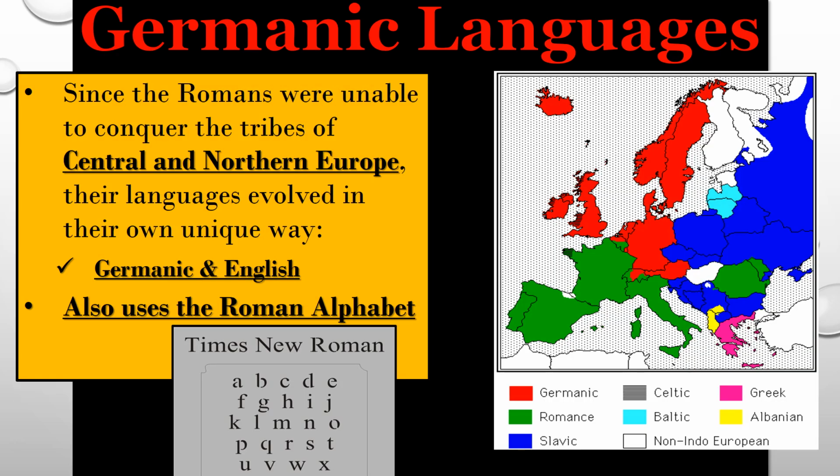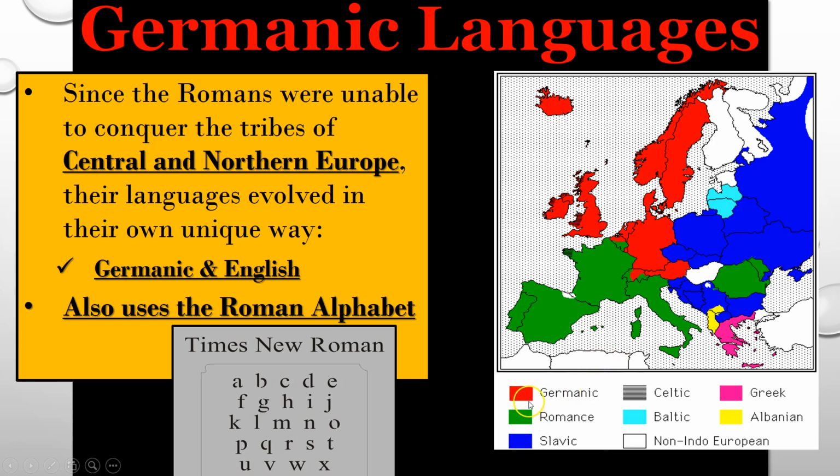So the next language group is the Germanic languages. I lived in Germany for a little while as a kid, and I can see they have the same alphabet, but when I look at it, it doesn't look like Spanish words, and I can't guess the way I can in other Romance languages. Exactly.